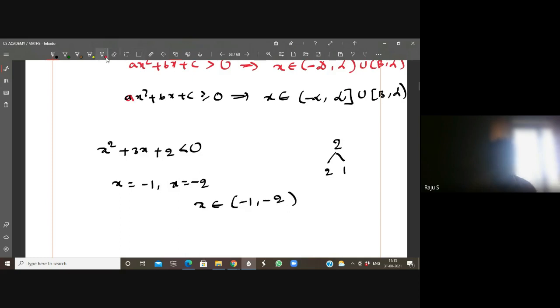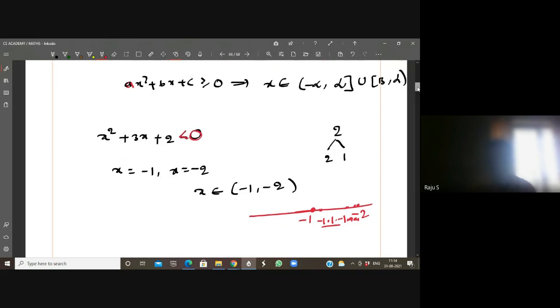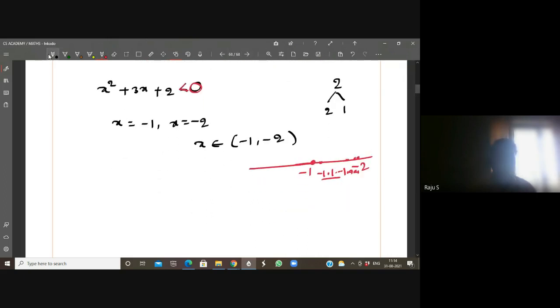You can take any value between minus 1 and minus 2, like minus 1.1 till minus 1.999. For every such value of x we are getting lesser than 0 only.